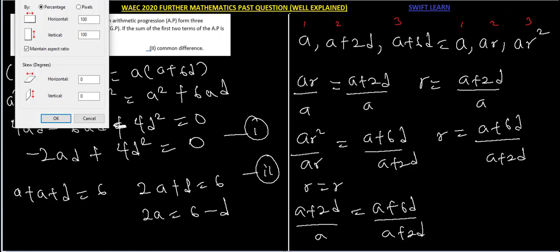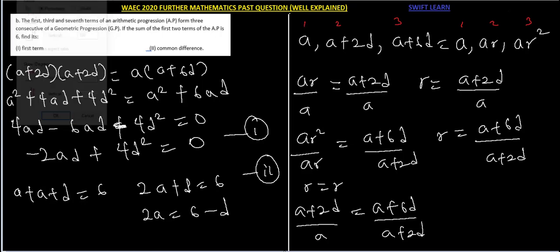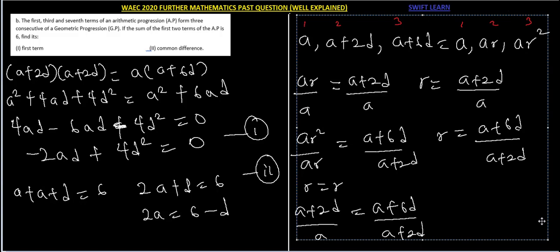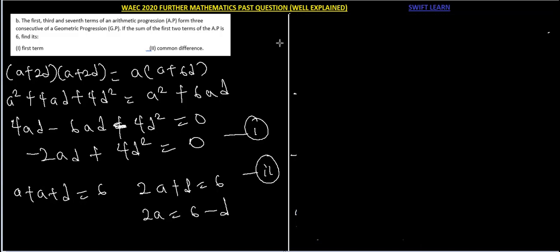Alright, so let's cancel this. Moving on, we have minus 2A. Sorry, let me erase this. I don't think I need this. There's no need of writing it again and again.